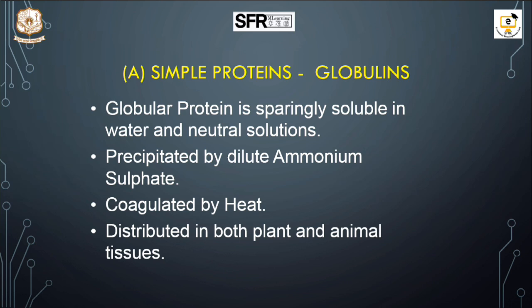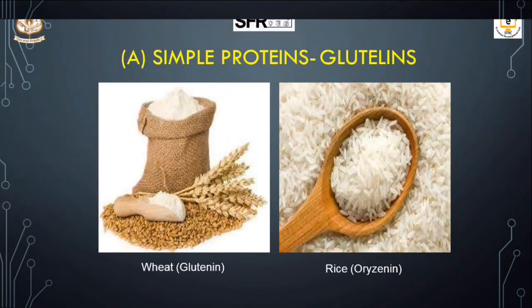It is soluble in water and neutral solutions, that is, not acidic or alkaline. It is precipitated by dilute ammonium sulfate. When heat is applied, globulin is coagulated. It is present in both plant sources and animal tissues.